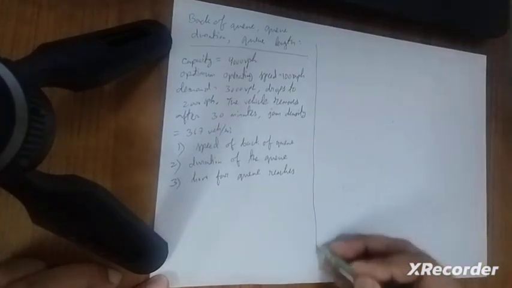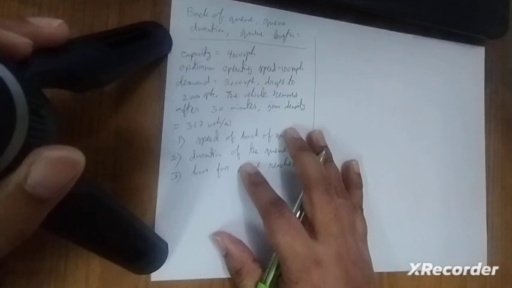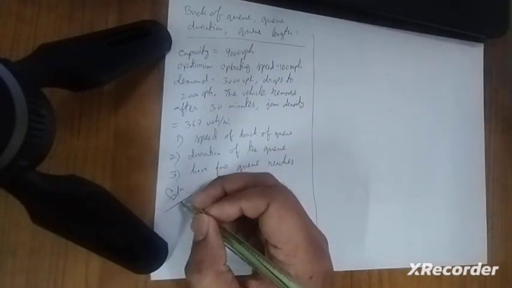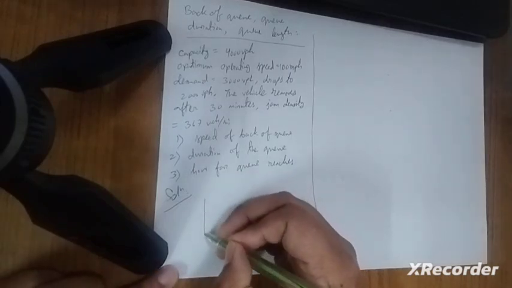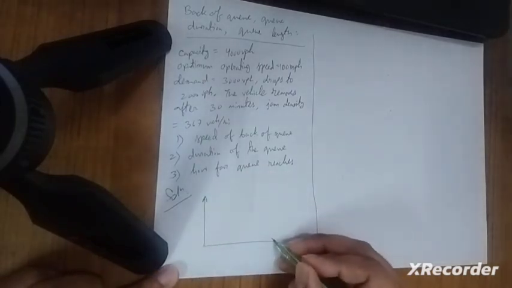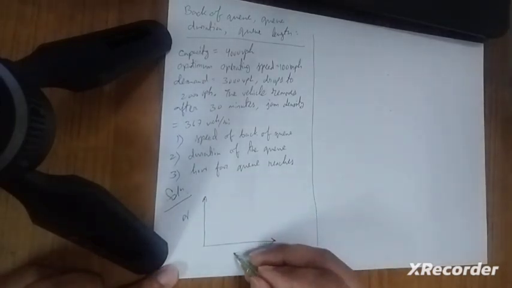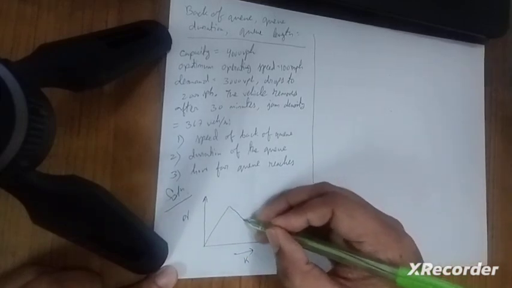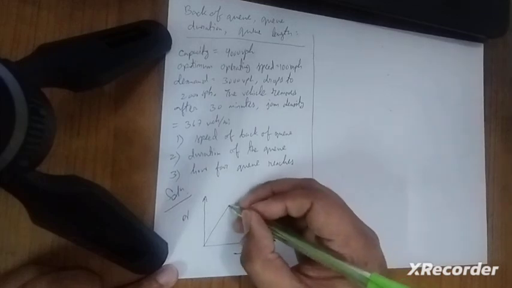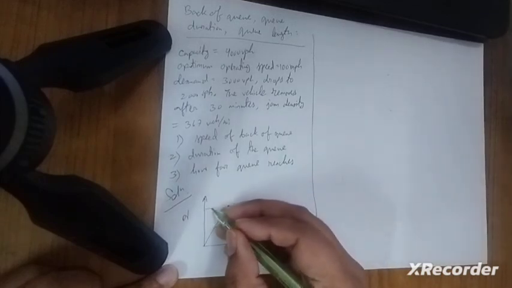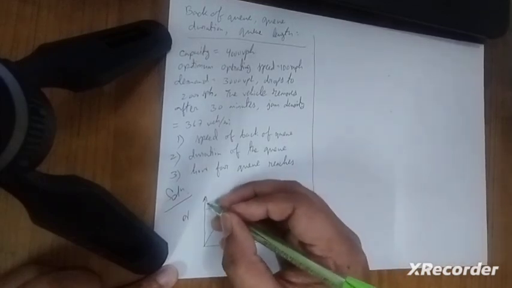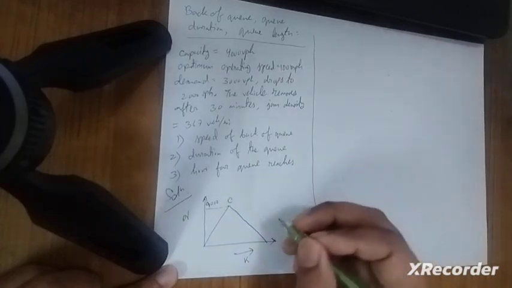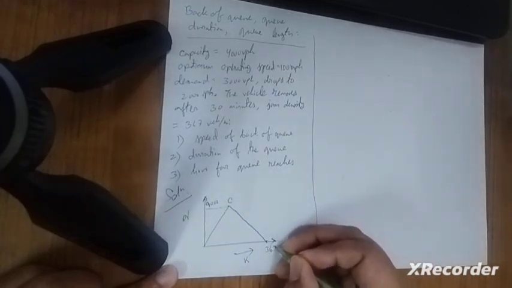To do this problem, firstly we have to draw the fundamental diagram based on the information. On the y-axis we have Q and on the x-axis we have K, that is density. Our fundamental diagram will look like this. For the peak capacity of 4,000 we have the value C, and jam density is 367.